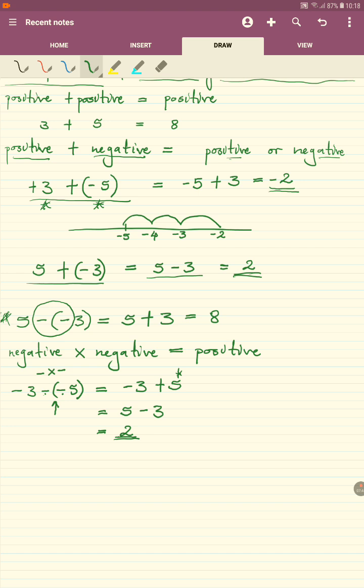Okay, so like I said here, negative times negative gives a positive answer. It's the same.